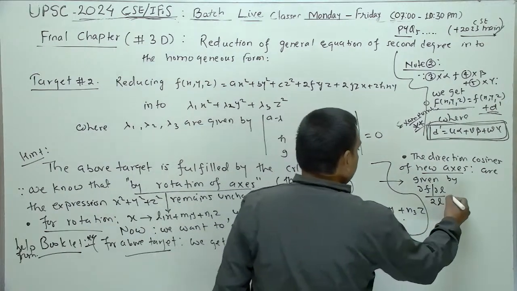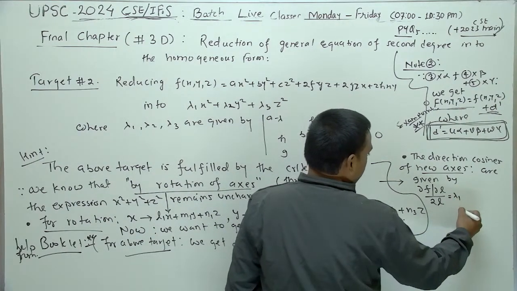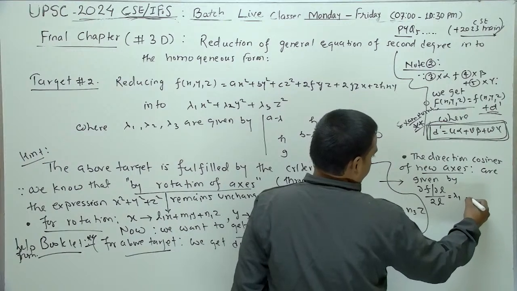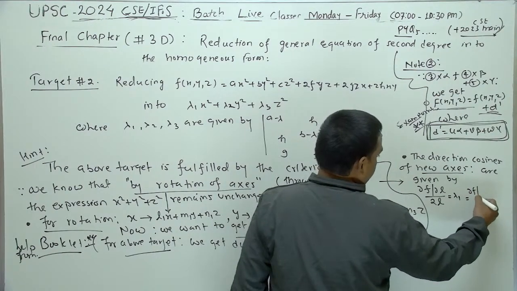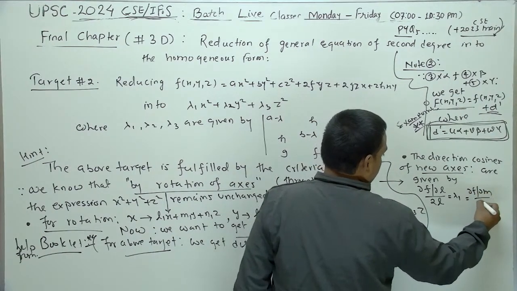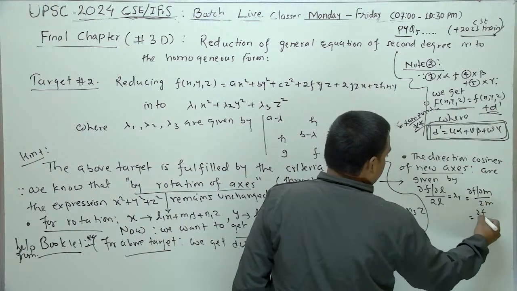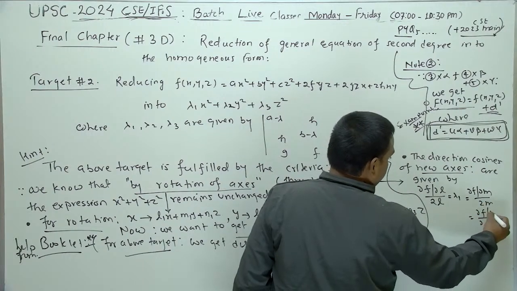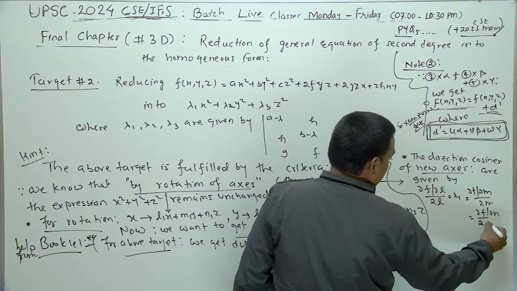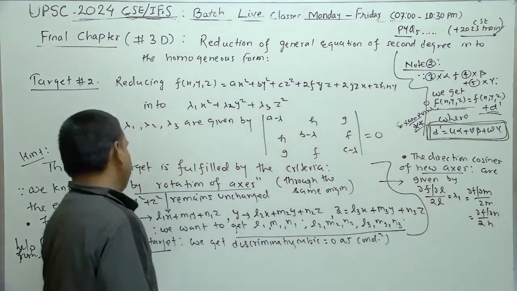So that is equals to, you can say, lambda 1, that you can take this del f over del m upon 2m, and that you can take as del f over del n upon 2n. Check it out please.